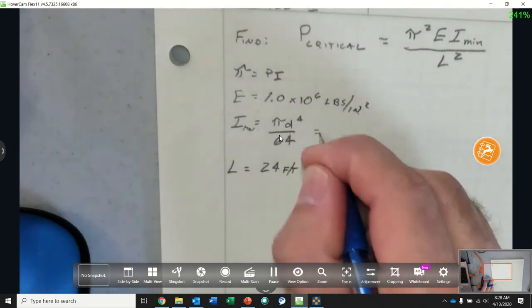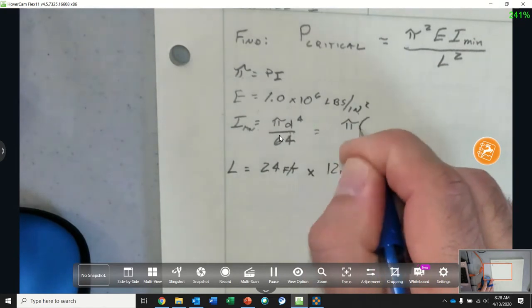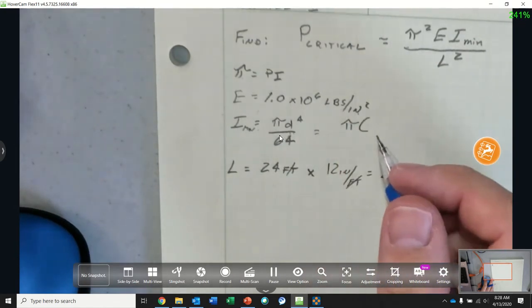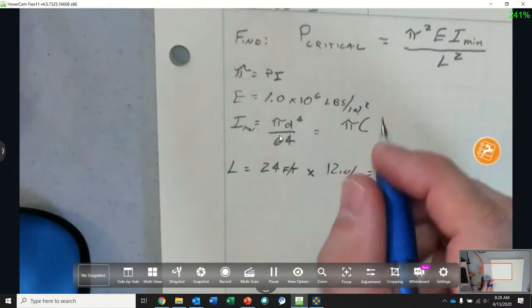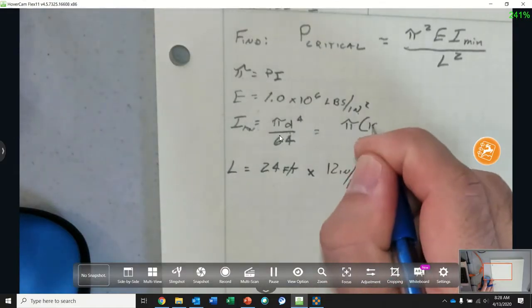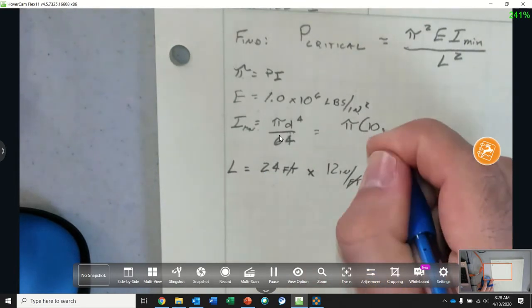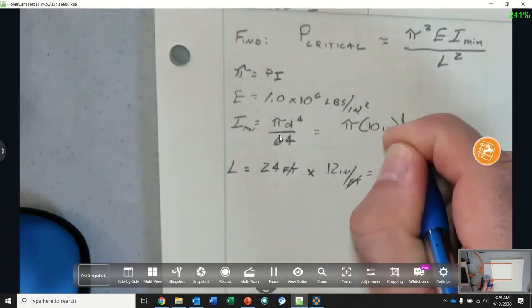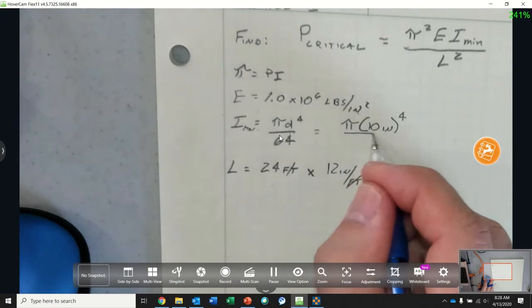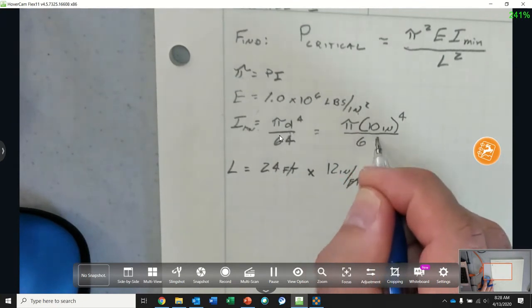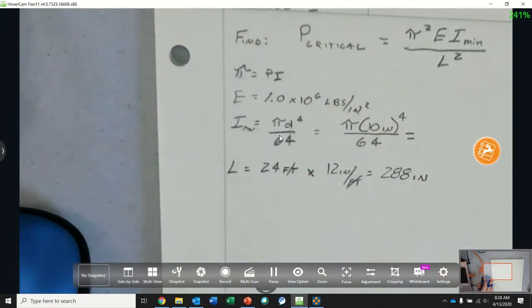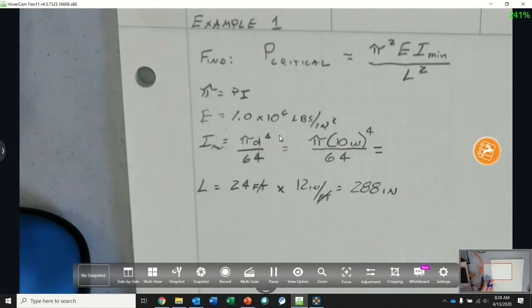All right, so this equals pi times diameter. Our diameter is 10 inches, and we want to keep this in inches because moment of inertia is inches to the fourth. So pi times 10 raised to the fourth divided by 64. Where's my pi on this calculator?